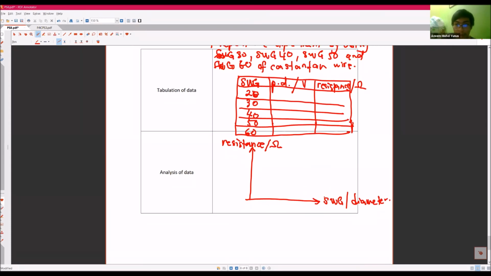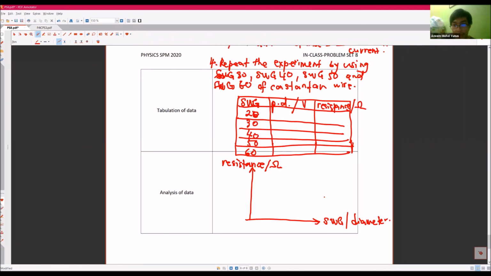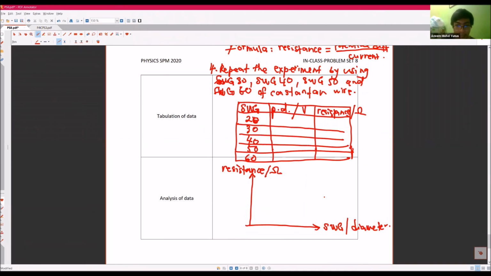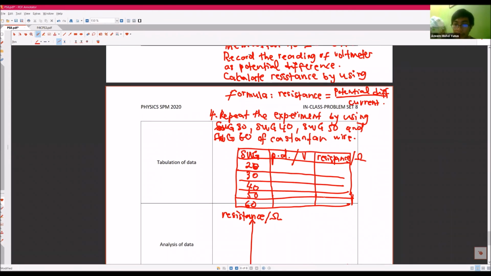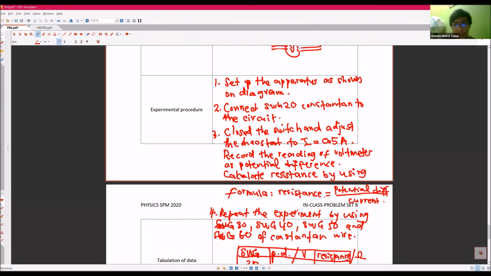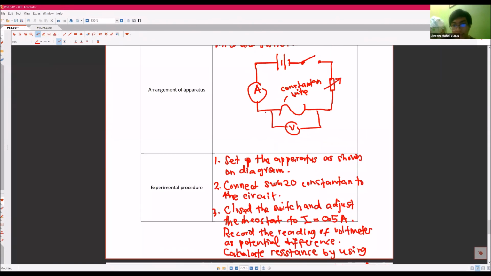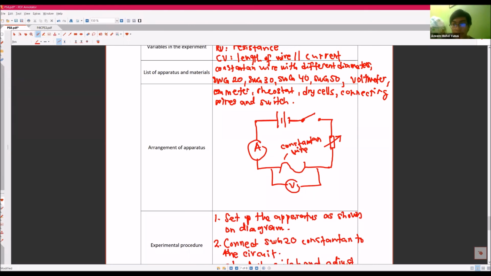Hopefully you're able to answer the question correctly with the correct technique. I think electricity is always going to be the same kind of way of answering it. So the same apparatus arrangement, the same list of apparatus and materials, but what you need to change is the manipulated variable.